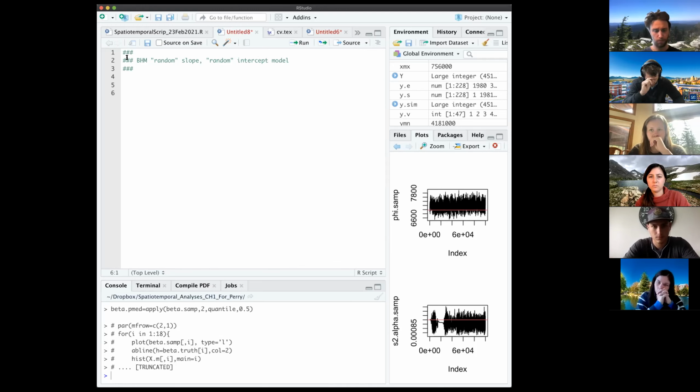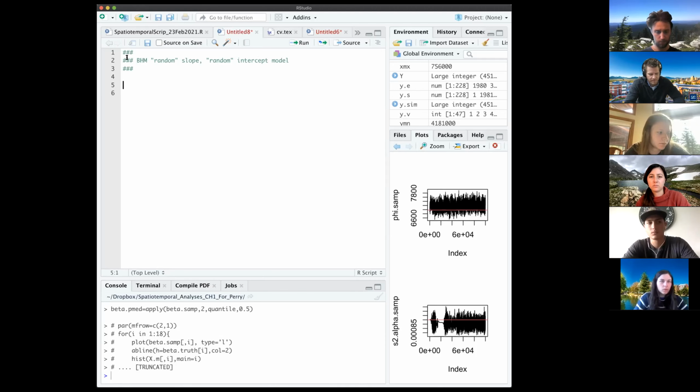Okay, let's go back to this model here. Let's choose some parameter values. I'm just going to sample some parameter values from their prior distributions.